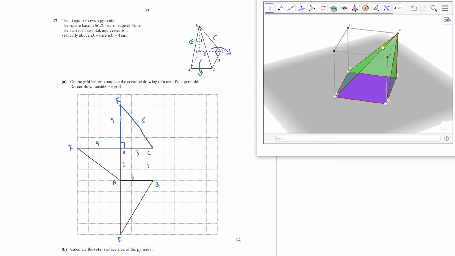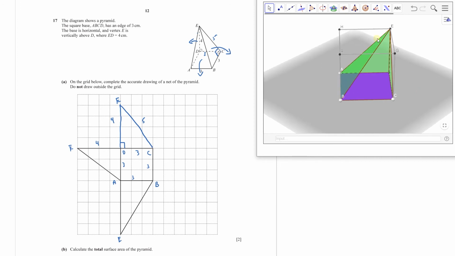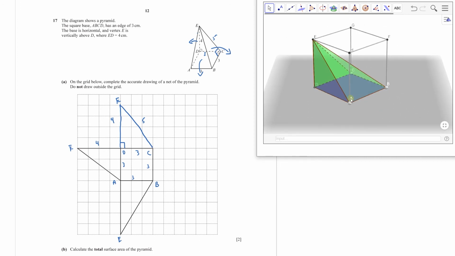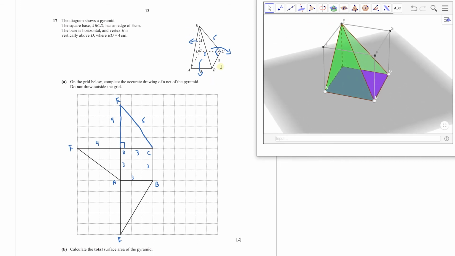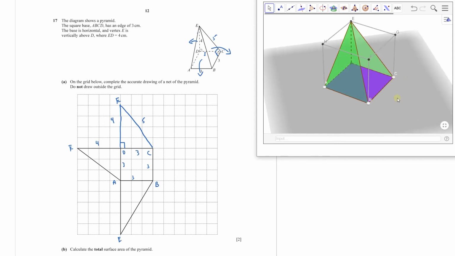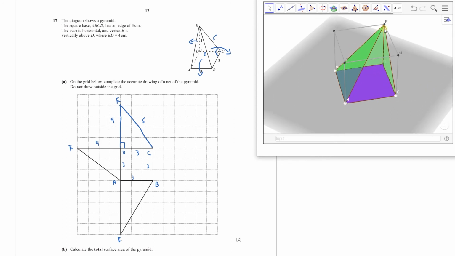So once you open this up, this triangle EBC, which will open towards the right. So if I open this up towards the right, this line will be actually straight here because this makes a 90-degree angle. So if I flip this down on here in this direction, this will make a 90-degree angle.